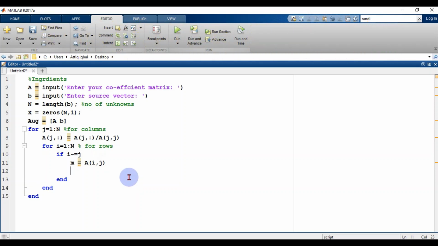After finding the multiplier, the next step is to update that row.